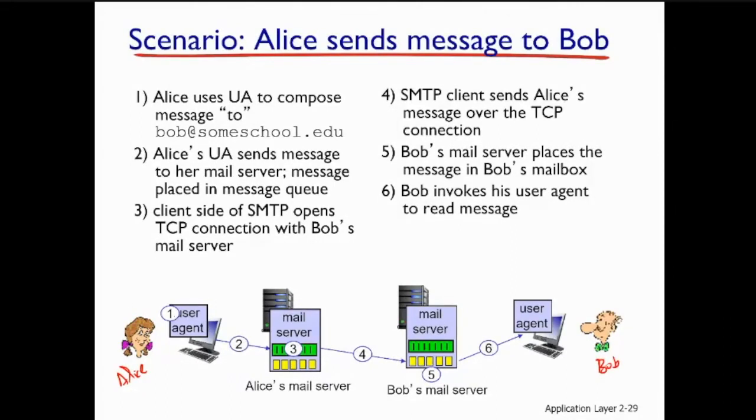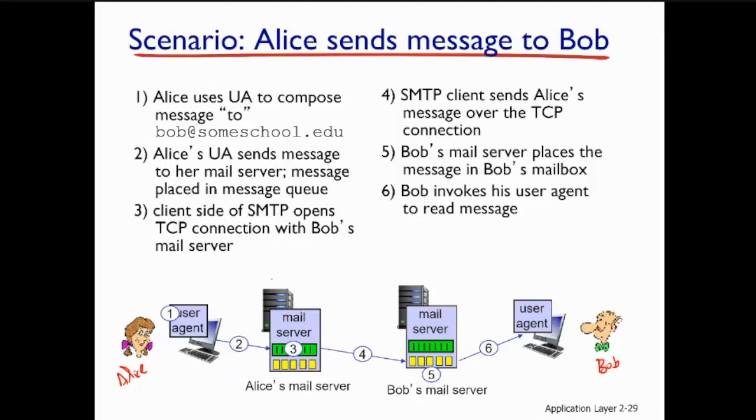So Alice has this user agent, and she needs to use it first of all to compose an email to Bob, and address it to Bob at some URL, say bob@hotmail.com, right? Alice's user agent sends the message to the queue of Alice's email server.